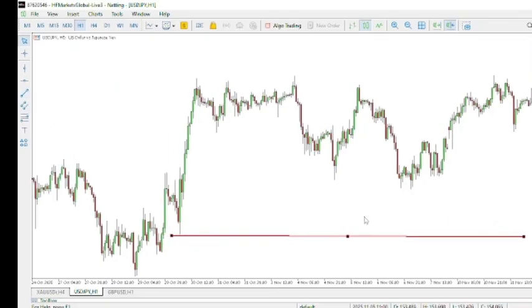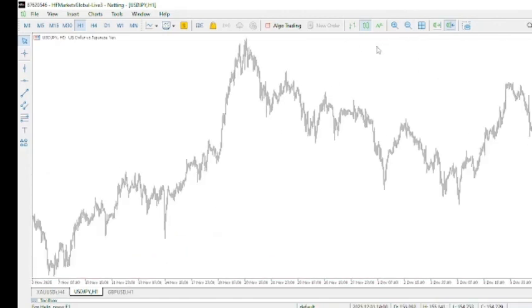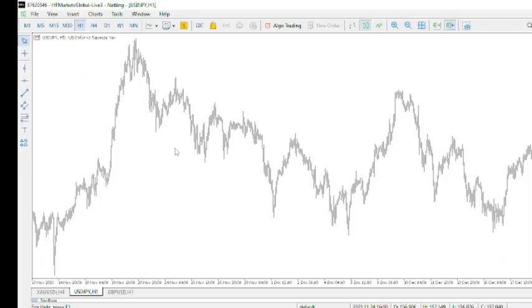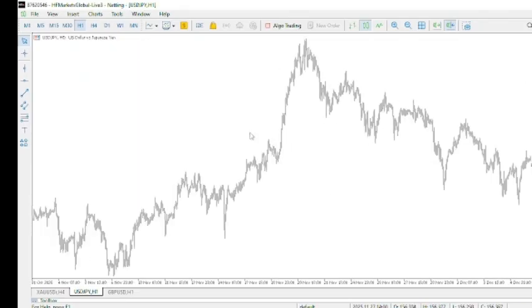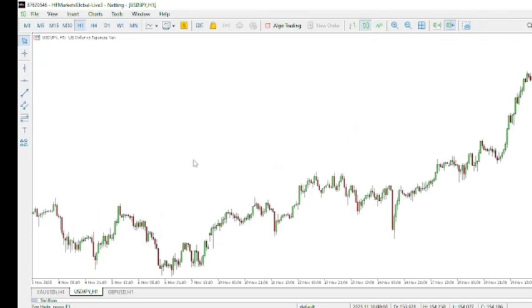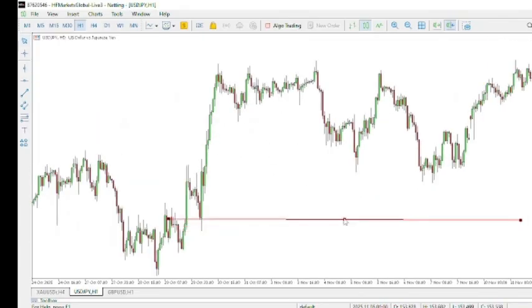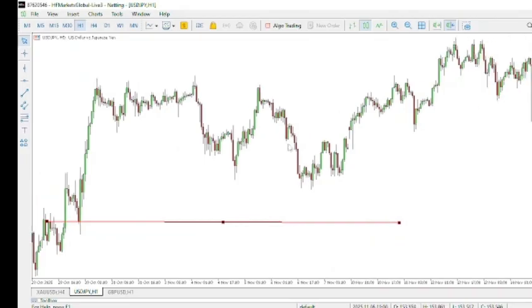You need to understand that the T2 must not be broken. Your previous support must not be broken if you are going bullish. As long as this one is not broken, the market is still going to the upside.